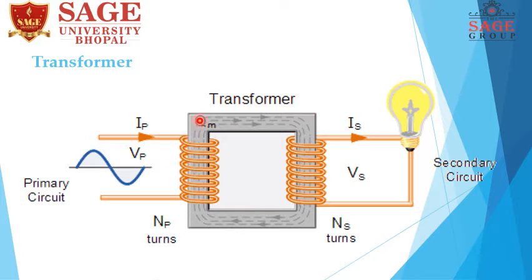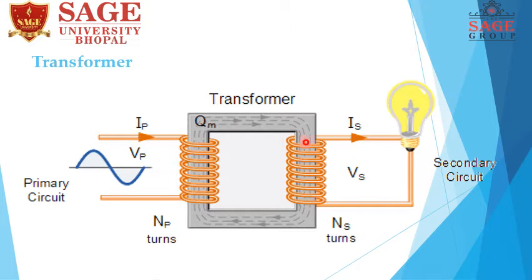This is known as mutual flux, a mutually induced EMF, that is electromotive force, and the mutual flux is phi m. This flux is also induced in the secondary winding and gives the desired output.